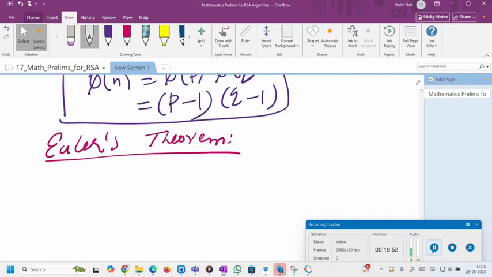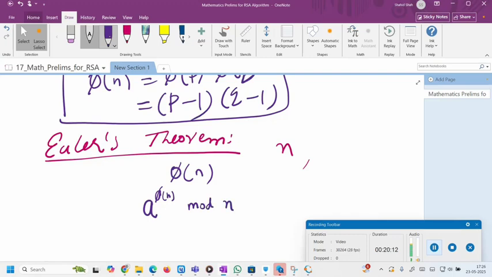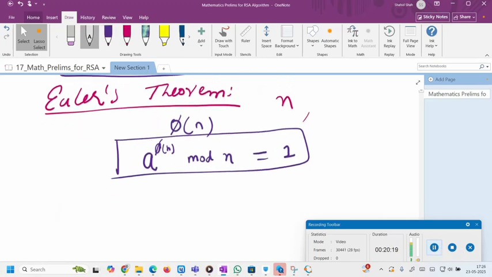Now we have a very important extension of Fermat's theorem in terms of the totient function. It's called Euler's theorem. It says that if you have any number n and you find its totient function phi of n, then for any positive integer a, a to the power phi of n modulo n will be equal to 1. We do not prove it again.